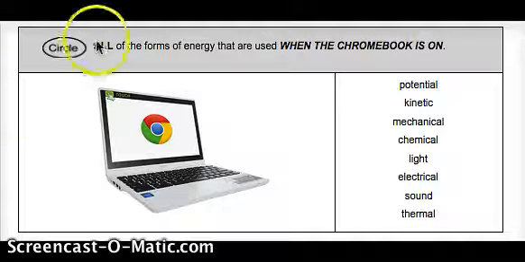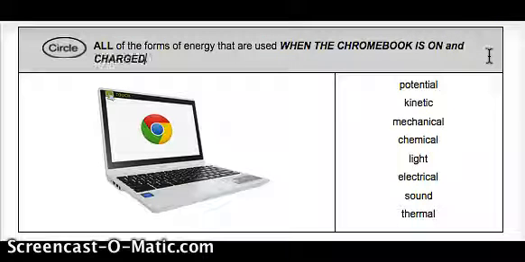The next part of your test says circle all the forms of energy that are used when the Chromebook is on. We are going to say that the Chromebook is on and charged. So imagine opening up your Chromebook. It is already on.